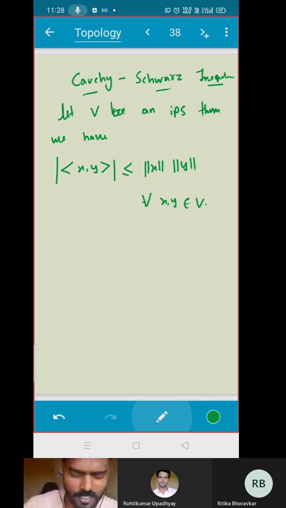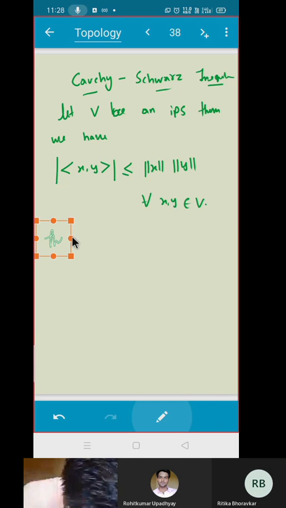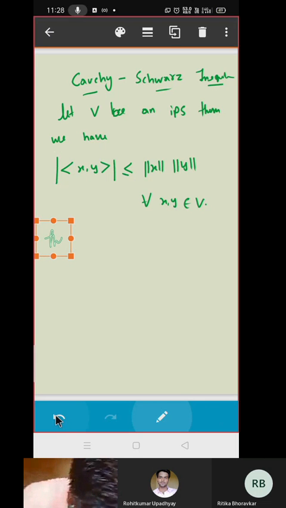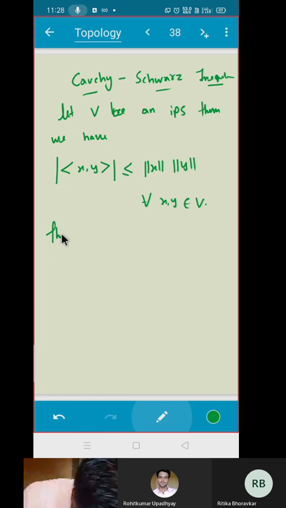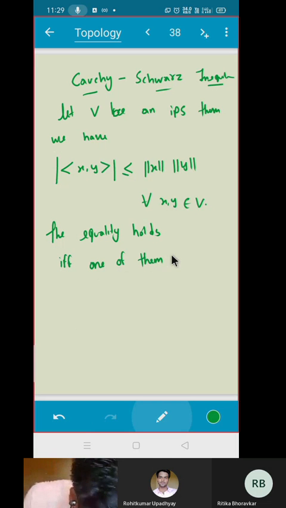After proving, we'll get to know. And when the two are equal, I'll just write, the equality holds if and only if one of them is a scalar multiple of the other.